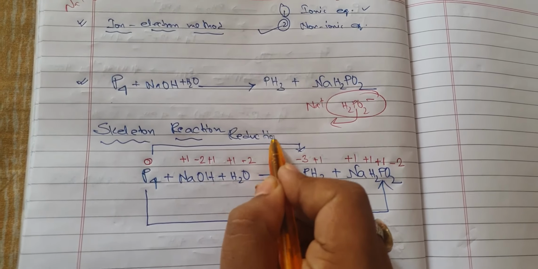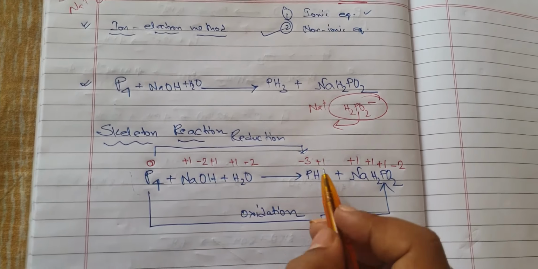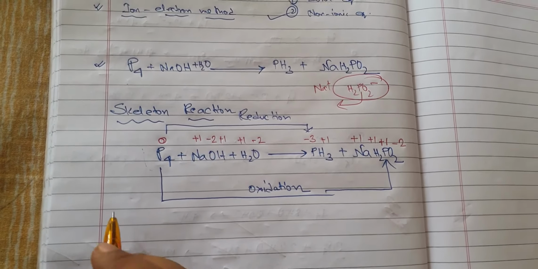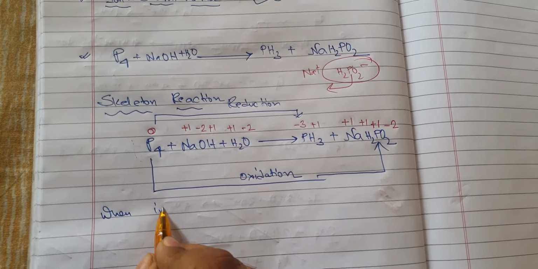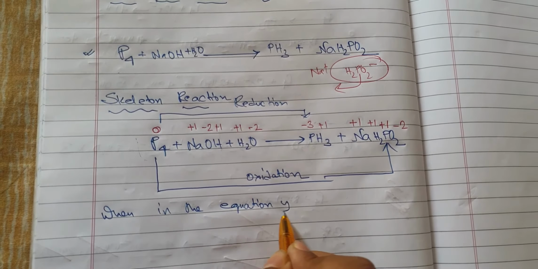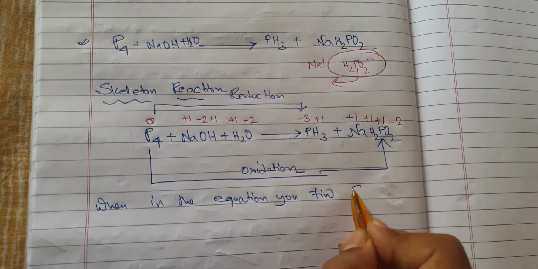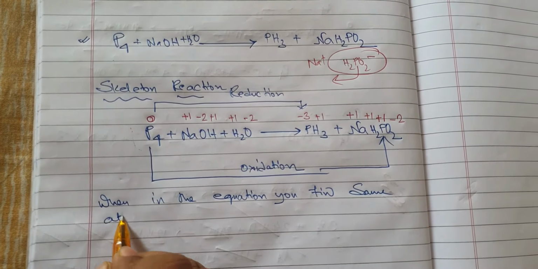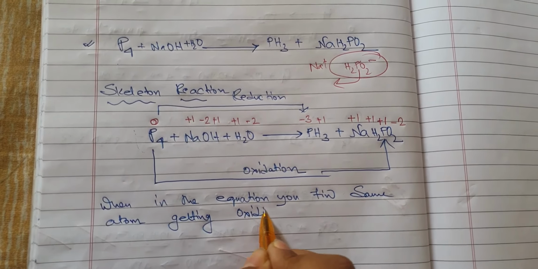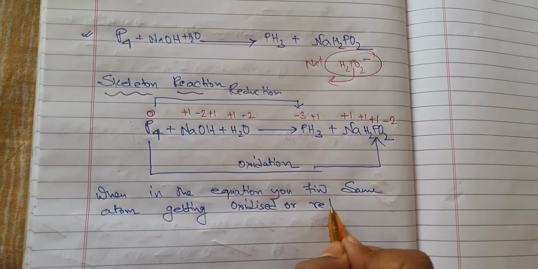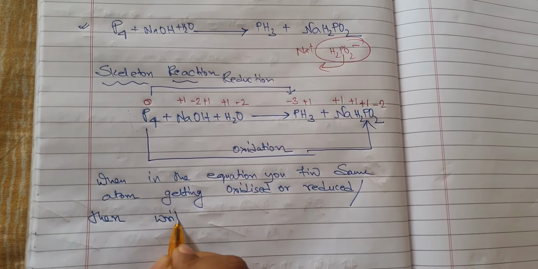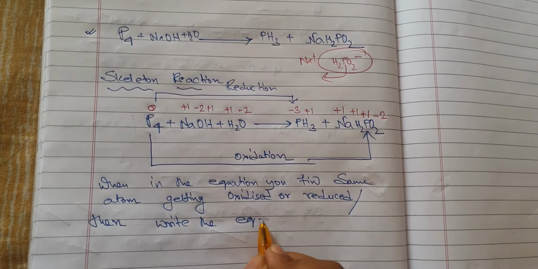When you find such a thing, when the same atom, or the same element, is getting oxidized and reduced in the equation, then write the equation in ionic form.